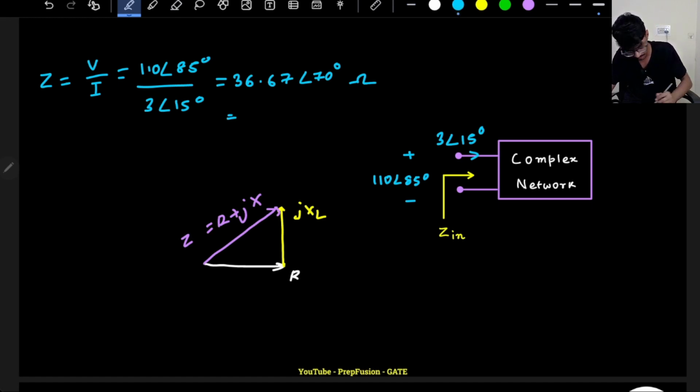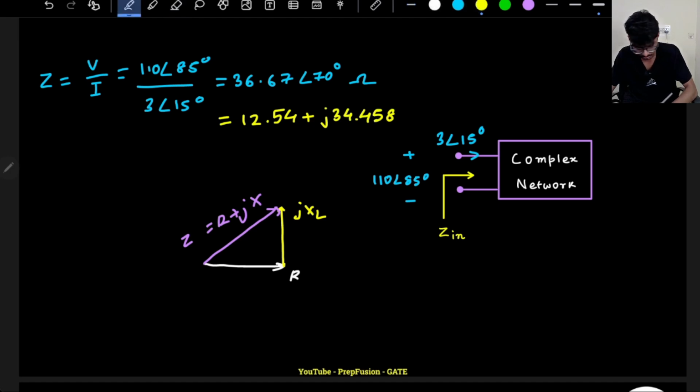Of course, you can break it down into different components. That is cos of 70, what is cos of 70? It is 12.54 plus j 36.67 times sine of 70, which is 34.458.